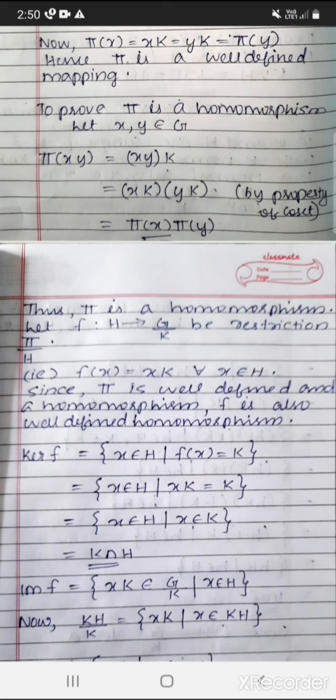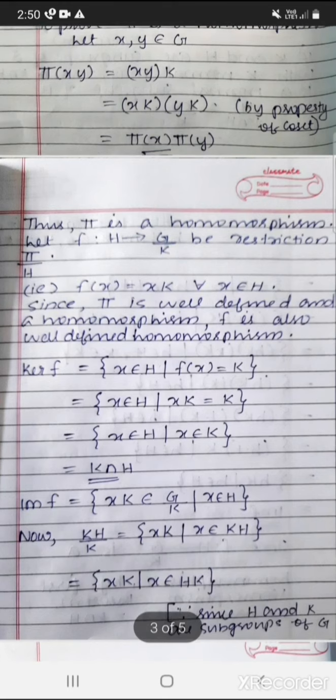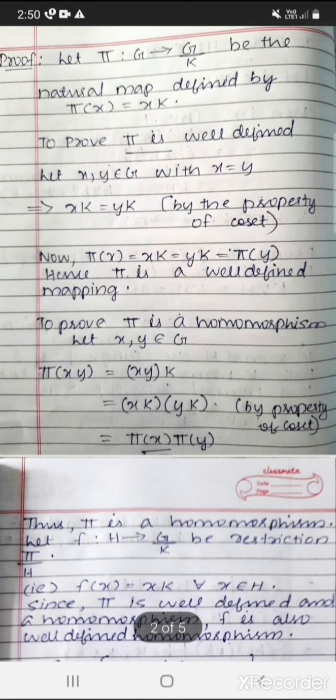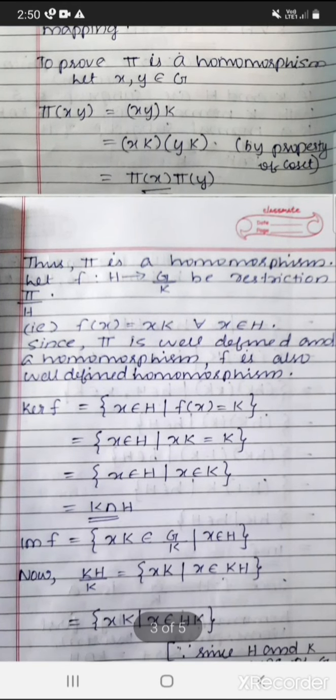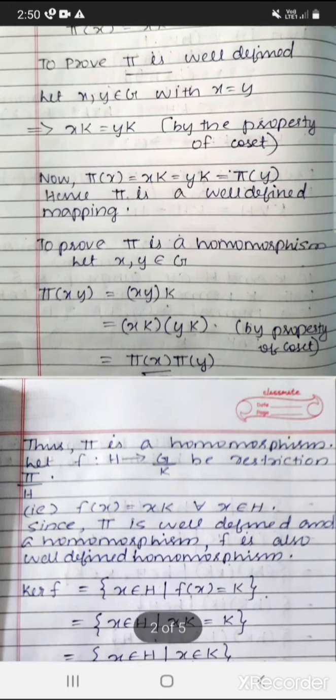Let's define a restriction f from H to G by K, which is pi restricted to H, that is pi restricted to the domain H. So let's take f of x equal to xK for all x belonging to H. We have proved in the first part that pi is a well-defined function and a homomorphism too.